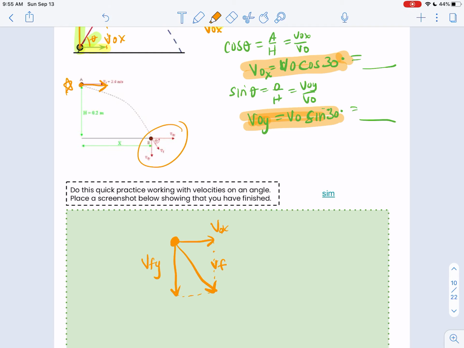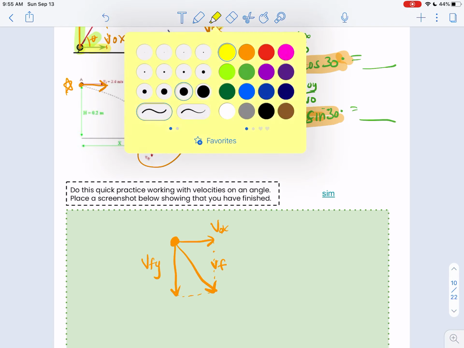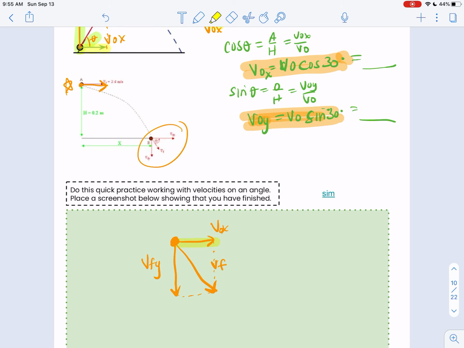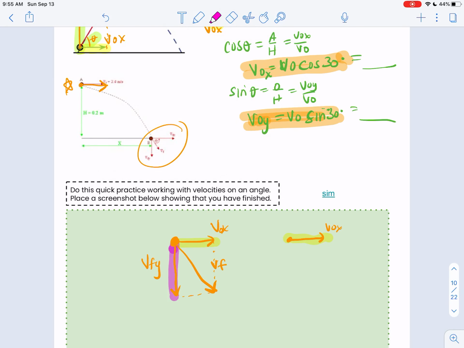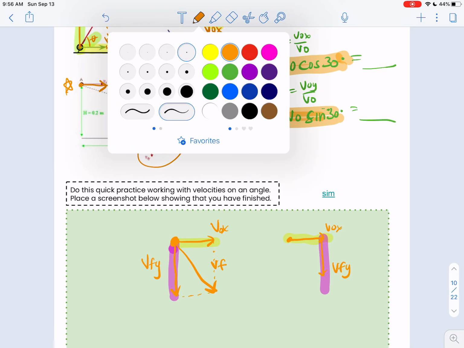Okay, so again, if you wanna slide those vectors into a triangle, I can slide that one, V naught X, okay? And then if I want to think of this one too, here's my V naught Y, I can slide my V naught Y over to here, or my V final Y, okay? And then I'm going to connect those up into the triangle.